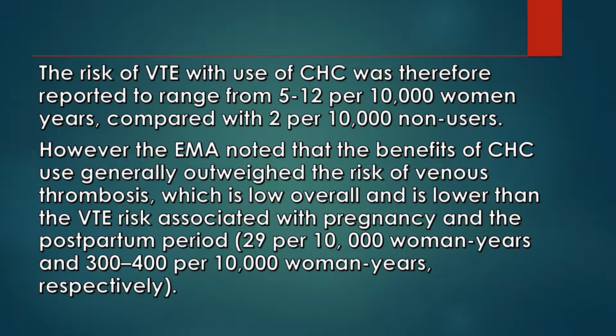However, the EMA noted that the benefits of CHC use generally outweigh the risk of venous thrombosis, which is low overall and is lower than the VTE risk associated with pregnancy and the postpartum period, 29 per 10,000 women years, and 300 to 400 per 10,000 women years respectively.